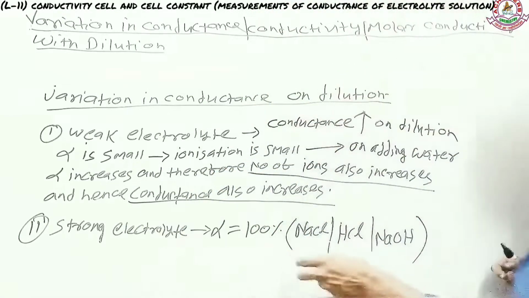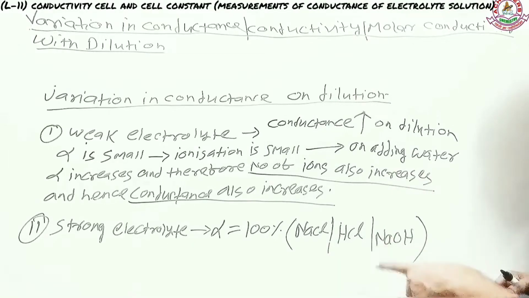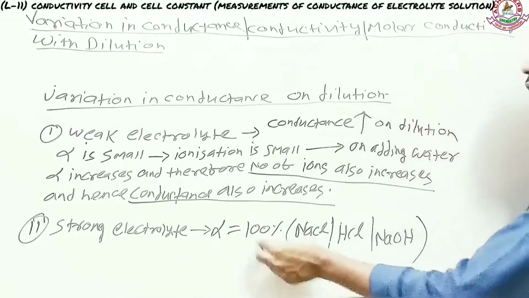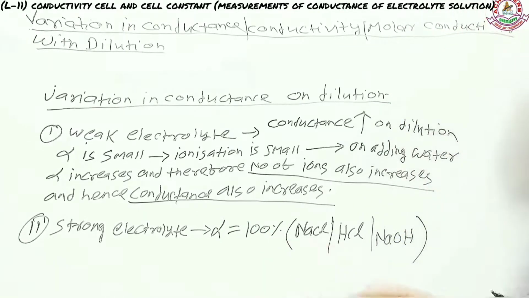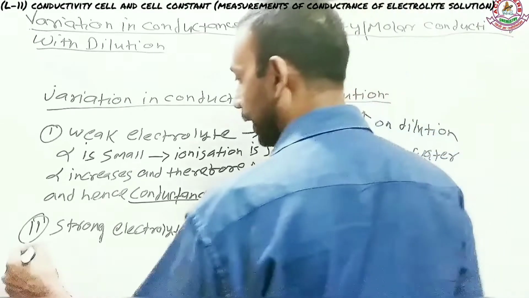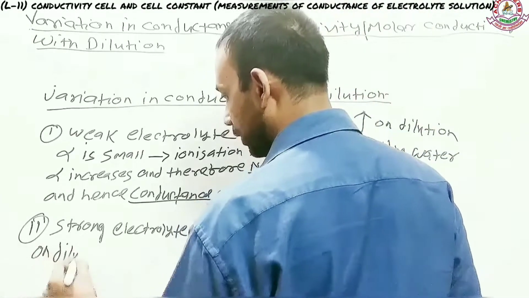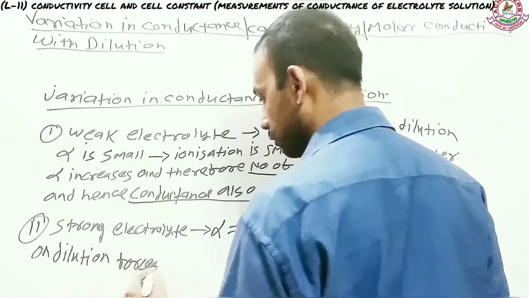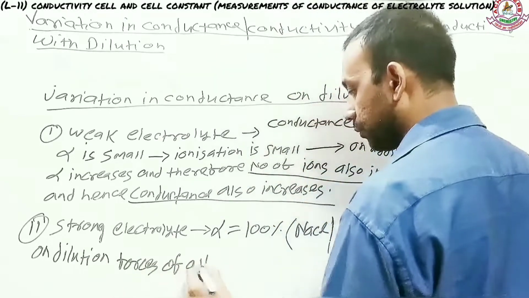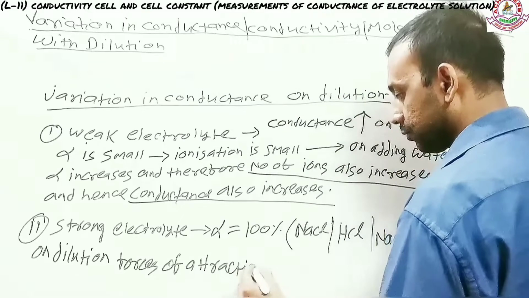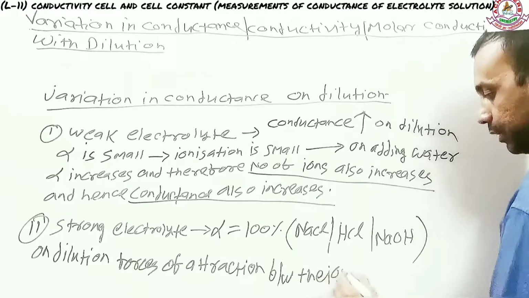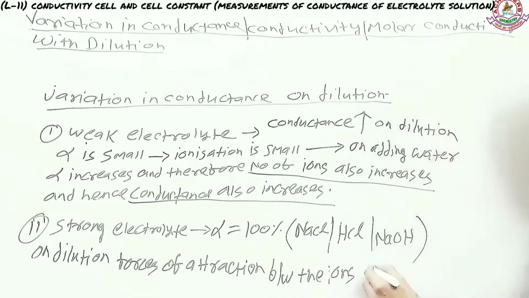On dilution, what will happen? That's something else. But what will not happen? That's something important. After you add water into the solution, the alpha will not increase beyond 100%. So how will the conductance increase? Actually, on dilution, the forces of attraction between the ions decrease.